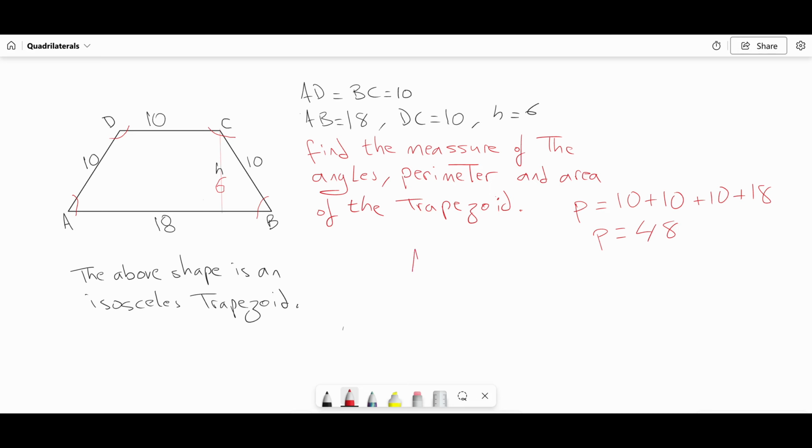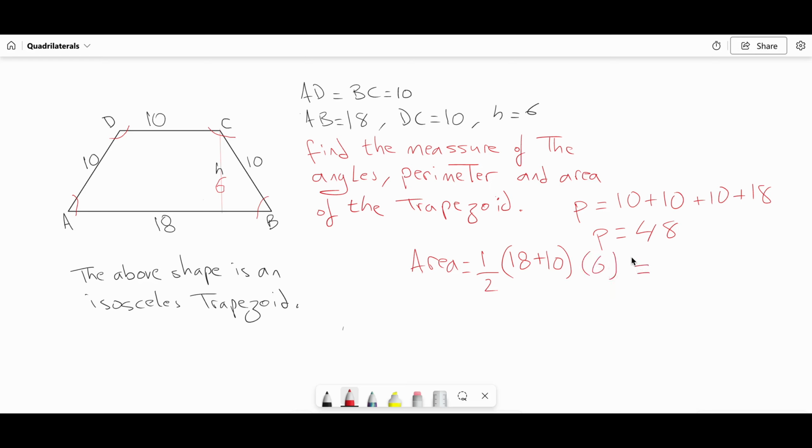We know that the area of a trapezoid is equal to half the long base or the long side AB plus DC, which is the side opposite to AB, times the height, which is 6.